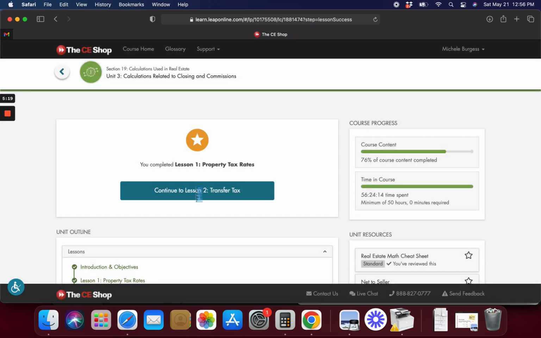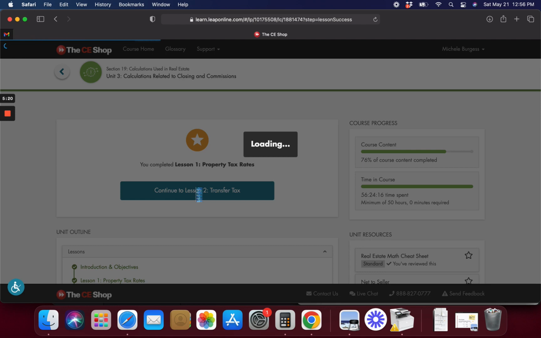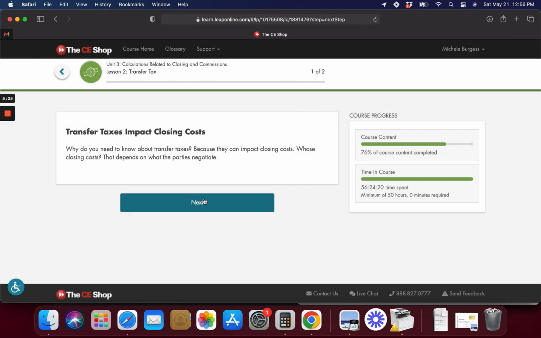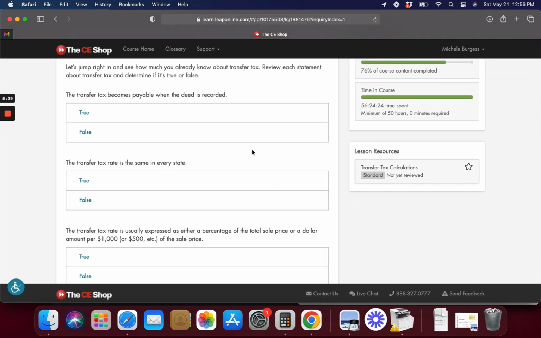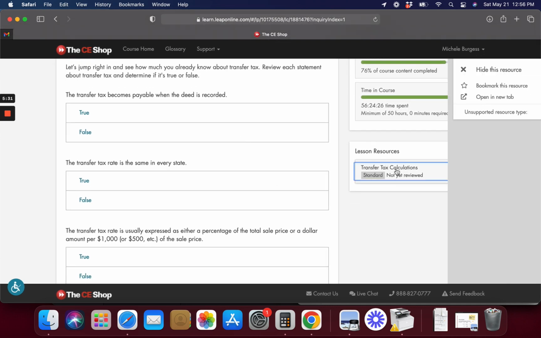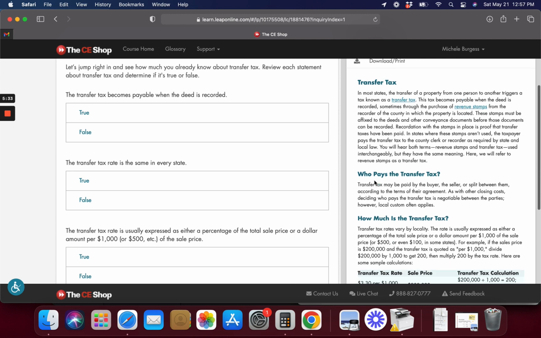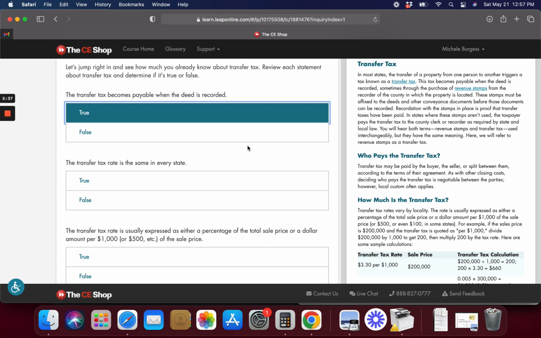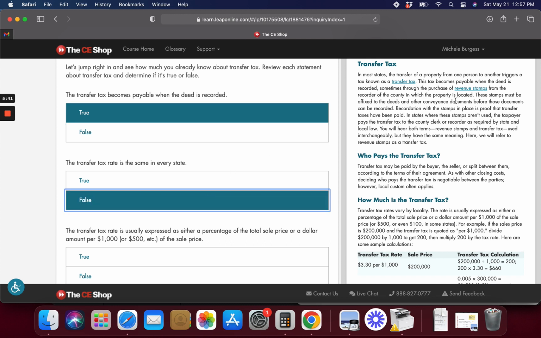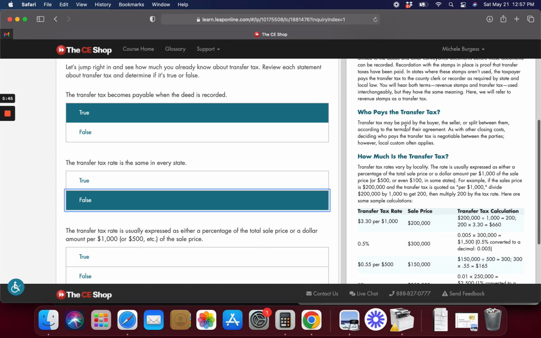All right, transfer tax. Transfer tax becomes payable when the deed is recorded. I don't think so. When the deed is, yes, it is. Okay, the transfer tax rate is the same in every state. I don't think so. I don't think that would be the same in every state. Paid by the buyer.